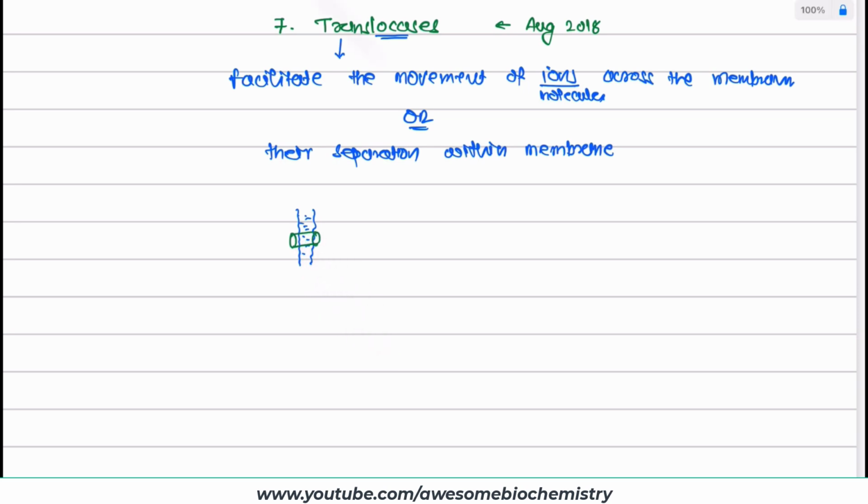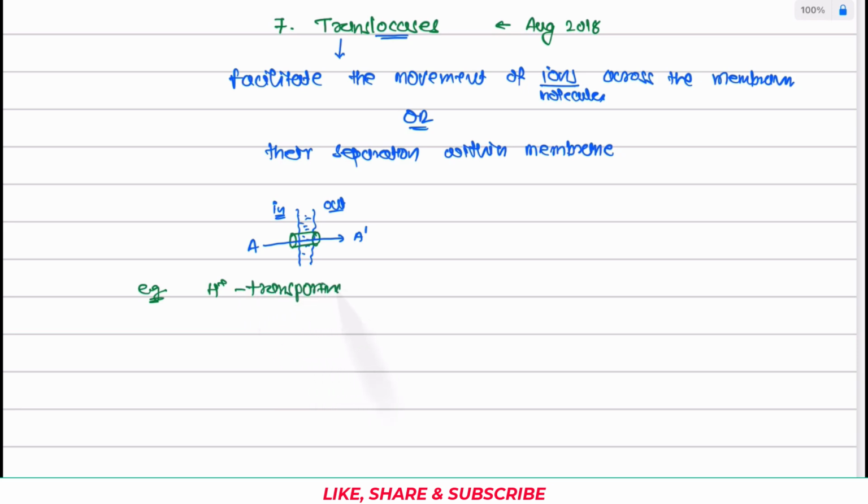And what will happen if this substrate E is there? Suppose this is the inside of the organelle or cell, and this is the outside. A molecule will be transferred from in to out, or it may be the other way around also. One real life example is the H plus transporting ATPase.